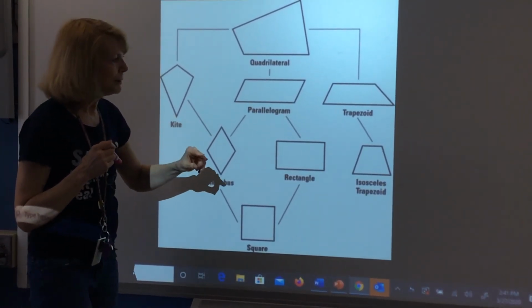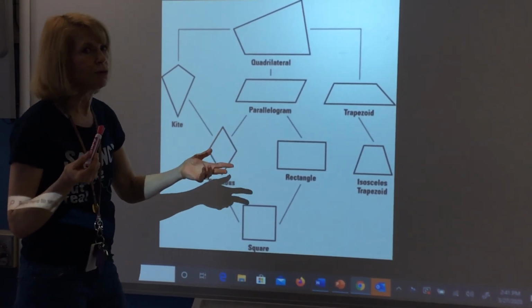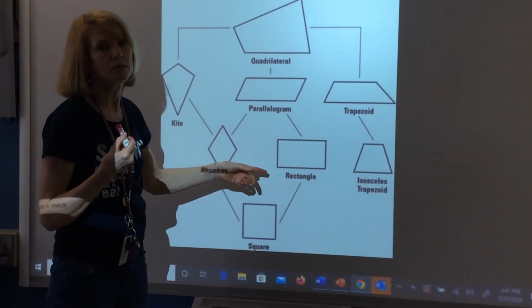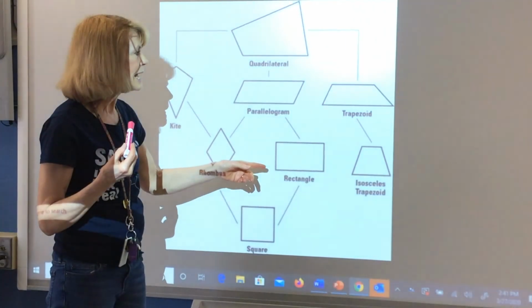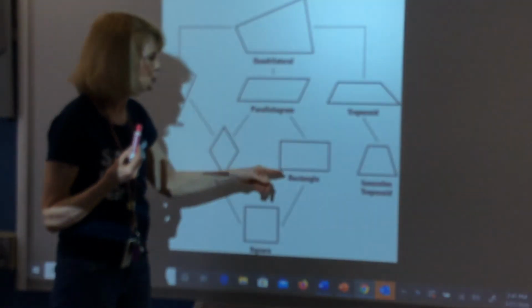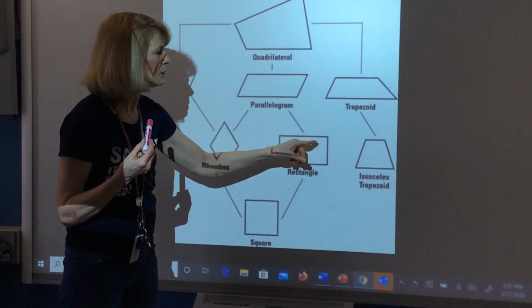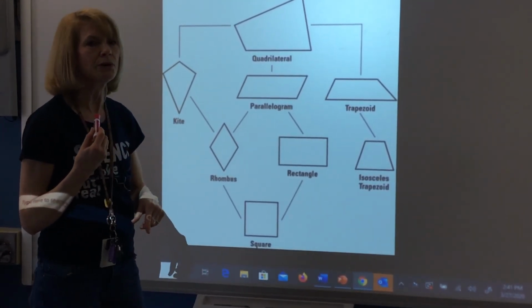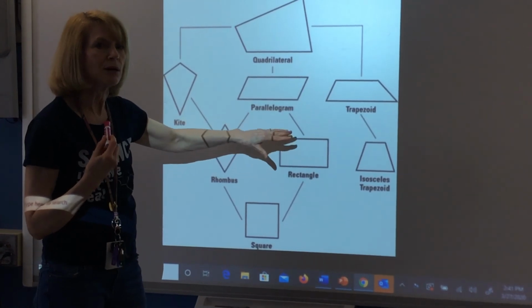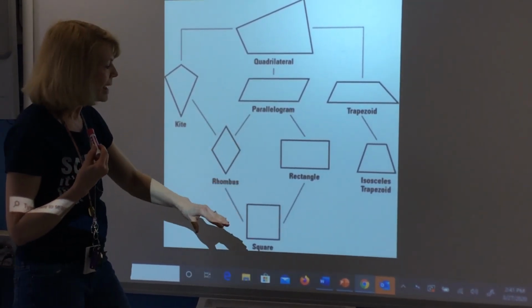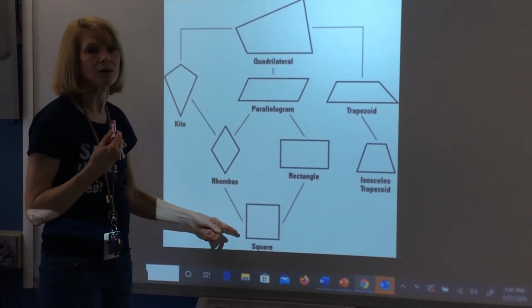The most obvious parallelogram you probably think about as a 4-sided figure is a rectangle. A rectangle is a parallelogram, 2 pairs of equal sides with 90-degree angles in the corners, right angles in the corners. That's a rectangle. A special rectangle is a square.